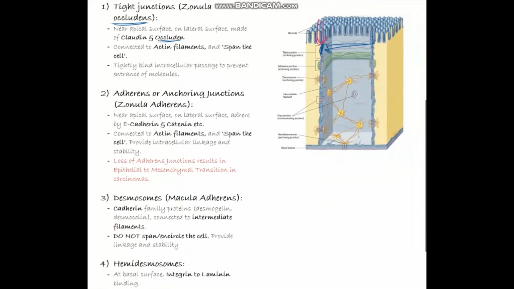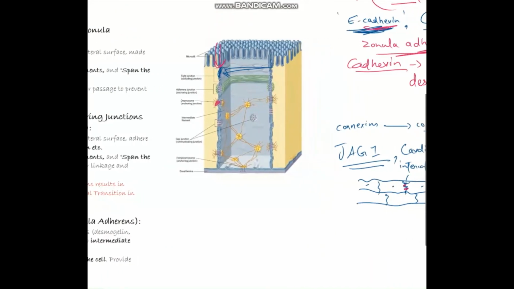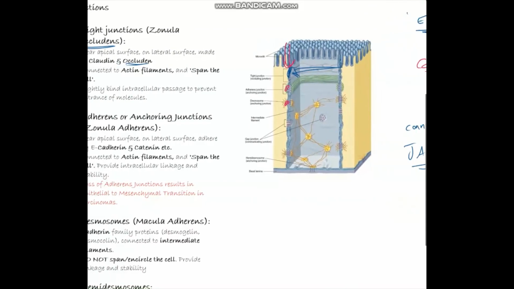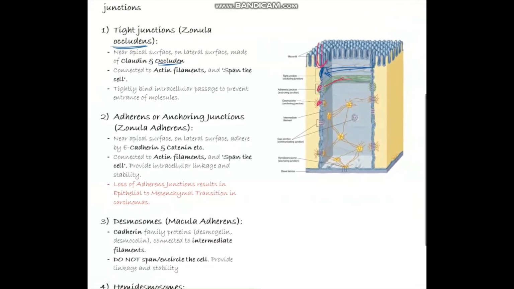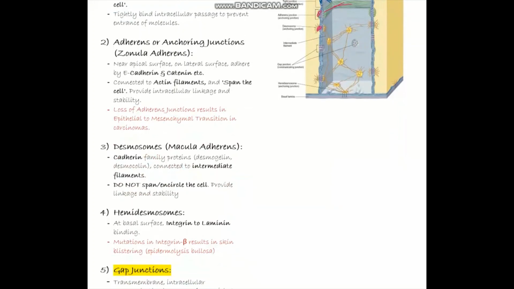And then adherence junctions, zonula adherens. These contain cadherin proteins, and they perform the function of adherence. They're also connected to actin filaments, and they also span the cell. Now, desmosomes: we studied cadherin family proteins, desmoglein and desmocollin, that connect to intermediate filaments; they do not span or encircle the cell.